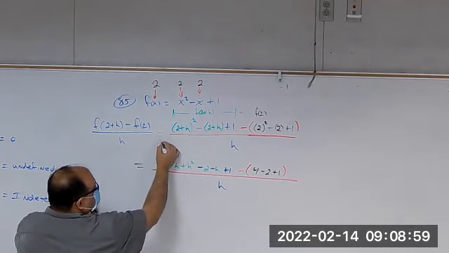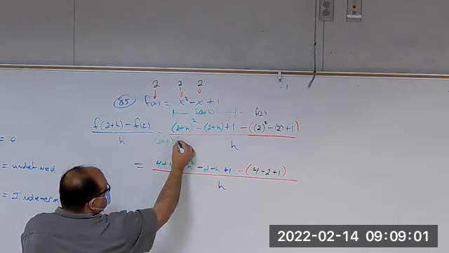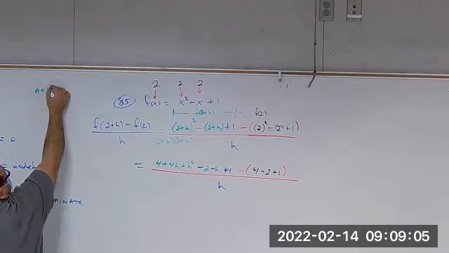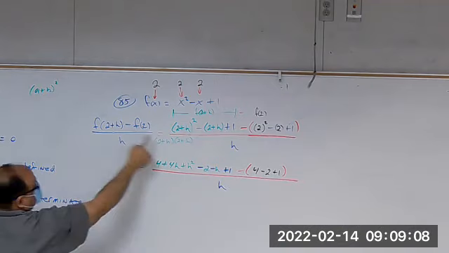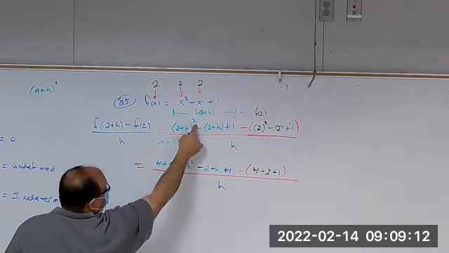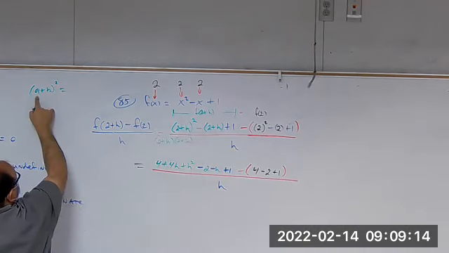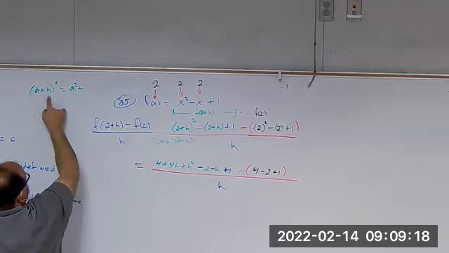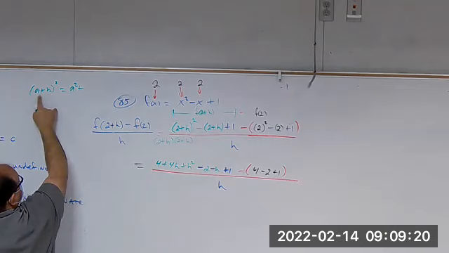So what we do is multiply it twice, right? 2 plus h times 2 plus h, but I use the shortcut, a plus b squared, because that's what's going on. When you have a binomial squared, you square the first one, the a. In the middle, you multiply the a times b and double it.